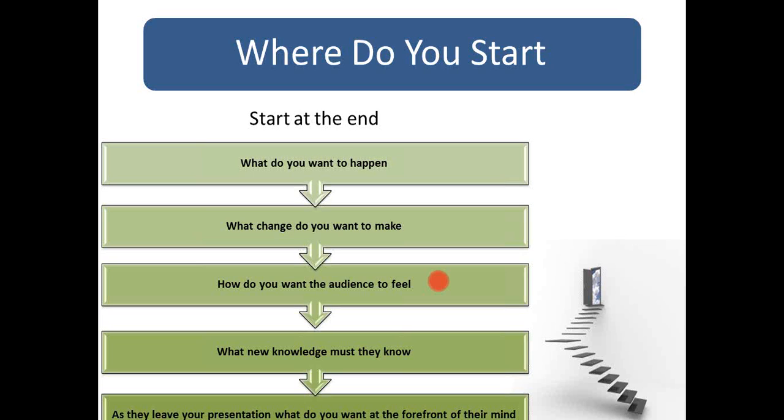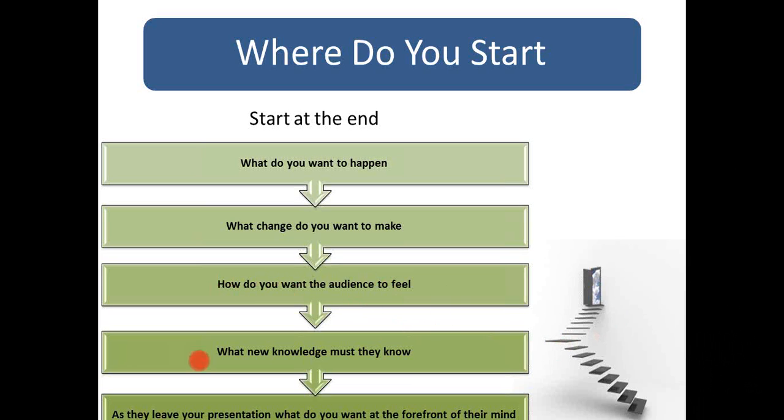So while you're giving information and while you're scripting information into your presentation, you also need to have space for the emotional journey, the emotional roller coaster ride that you will be taking your audience on, because it's the feeling that they walk out with at the end that's going to have the bigger impact. And yes, they will have the knowledge because you will have given them the points that they need, but you need the emotions as well.